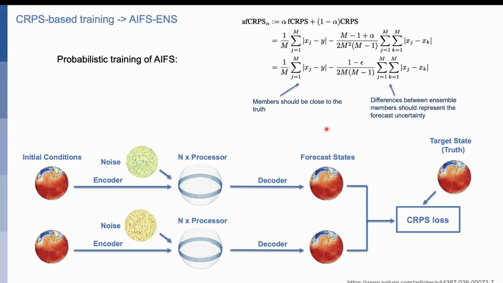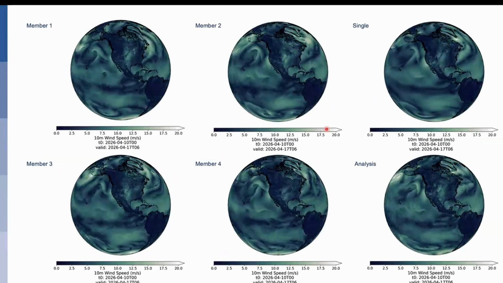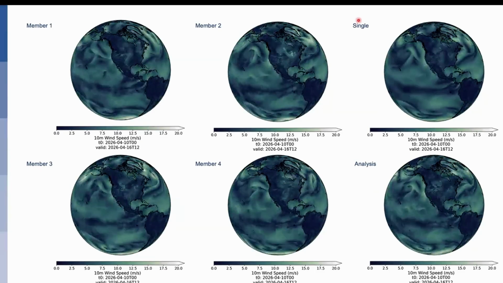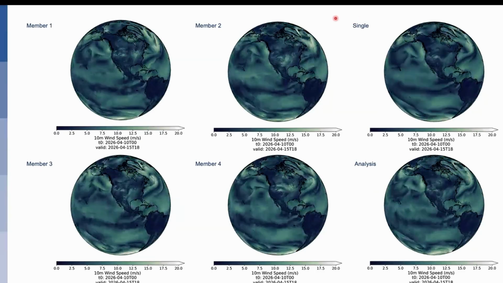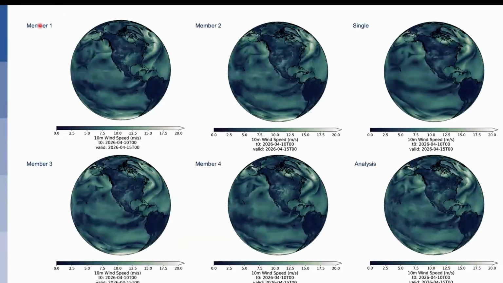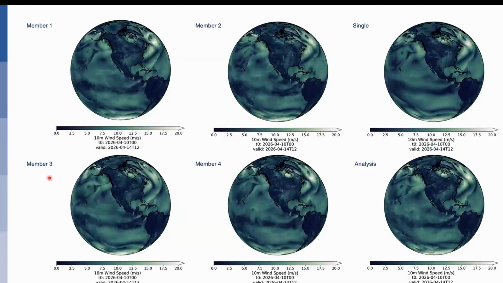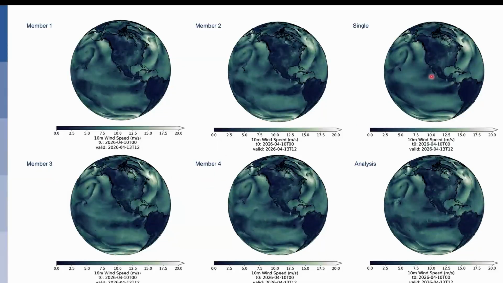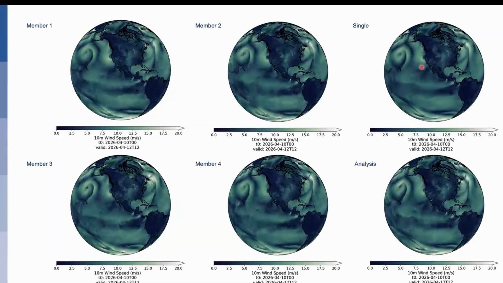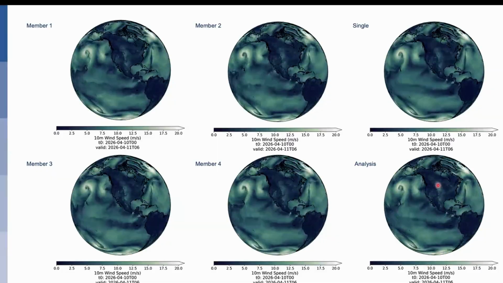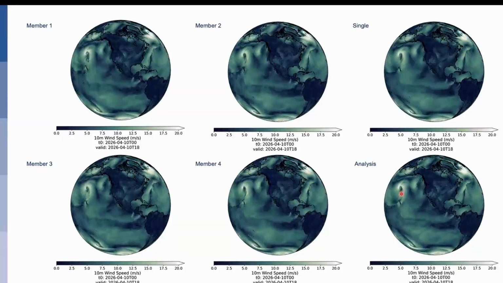And the question is, how well does this work? Because of course now the model has a very difficult task. It has to do it in one step. But to show how it fares, here we have the ensemble members of the AIFS ensemble, member 1 to 4. For comparison, here is the AIFS single, trained with a mean squared error loss, on the right, and then the analysis for this time is here, and what is shown is wind speed at 10 meters.